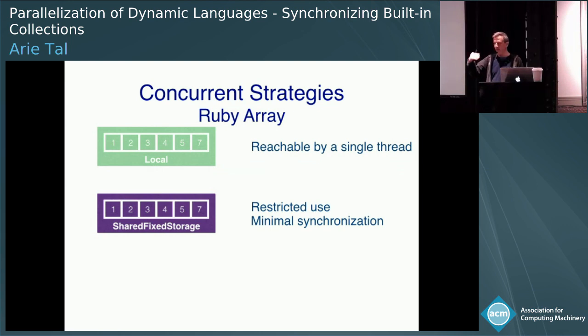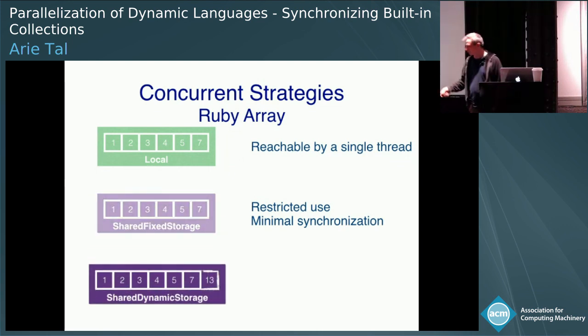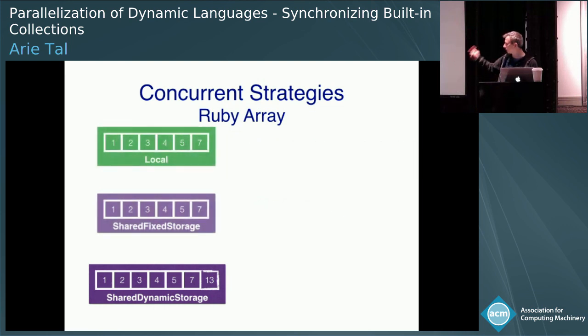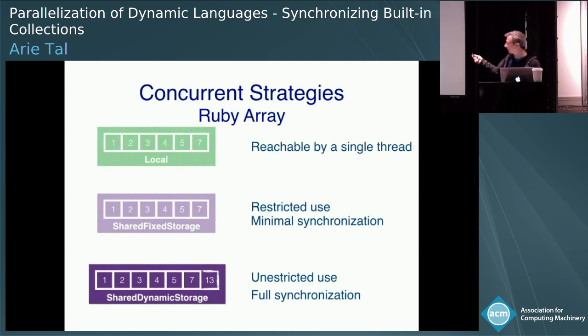As long as we can keep within these assumptions, we can stay within this strategy. And we have a shared dynamic storage strategy, which allows unrestricted use on the one hand, but it also applies full synchronization.